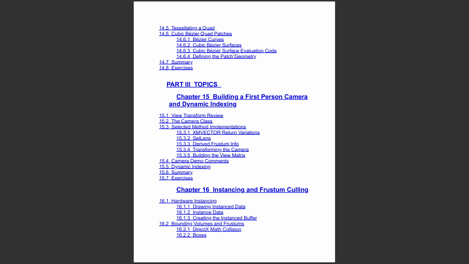So you can have one tree be a tree, and then all of the resources are reused to draw another tree with just some slight variations.